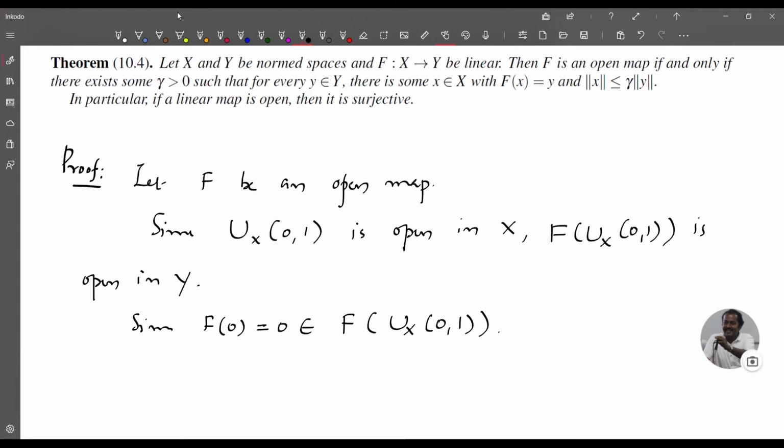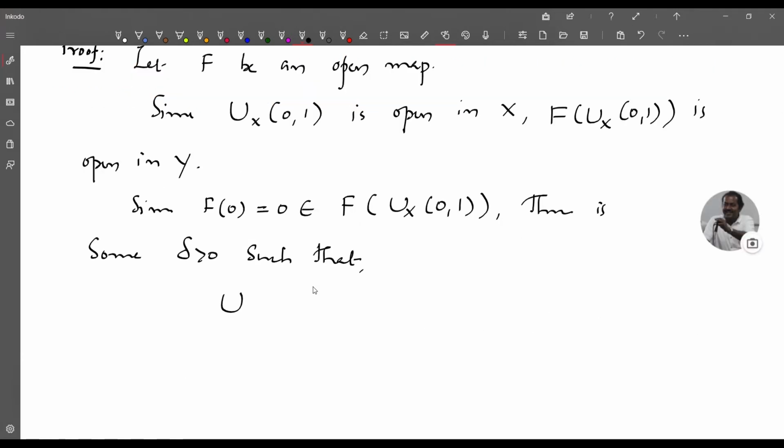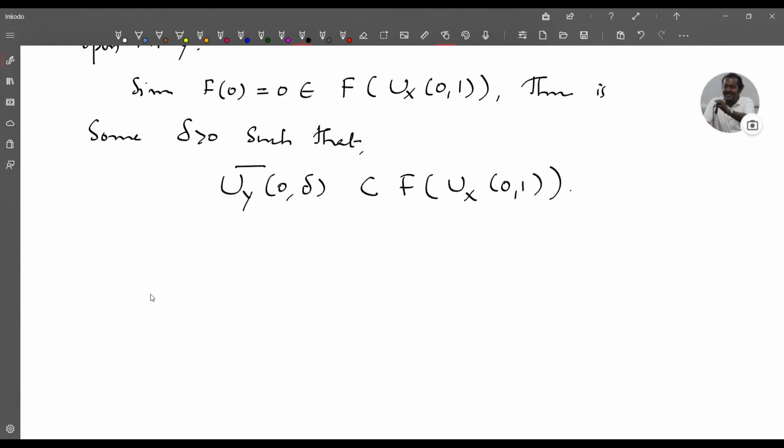There is some delta greater than 0 such that the closure of U_Y(0,delta) is contained in f of U_X(0,1). Consider y in Y and y not equal to 0. Then we have norm of y by norm y is 1.